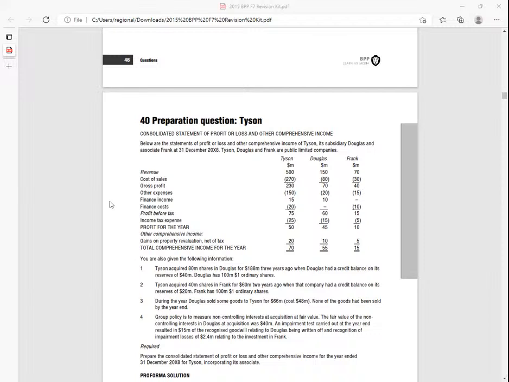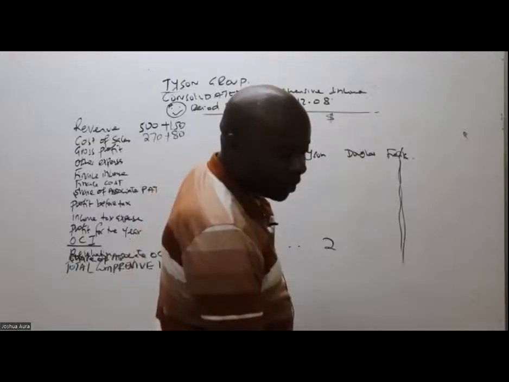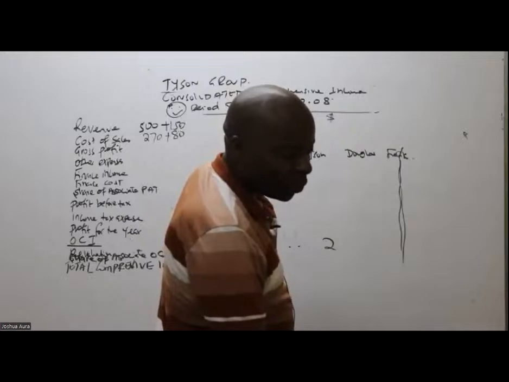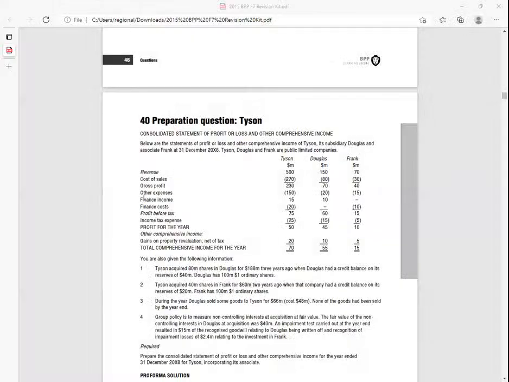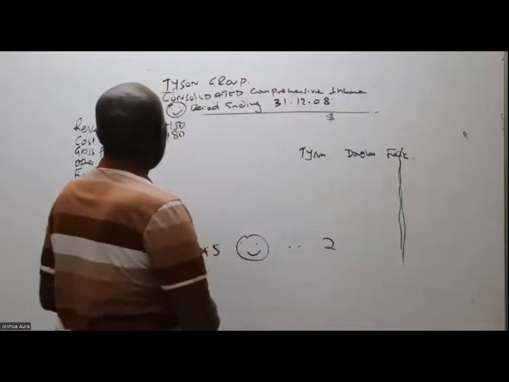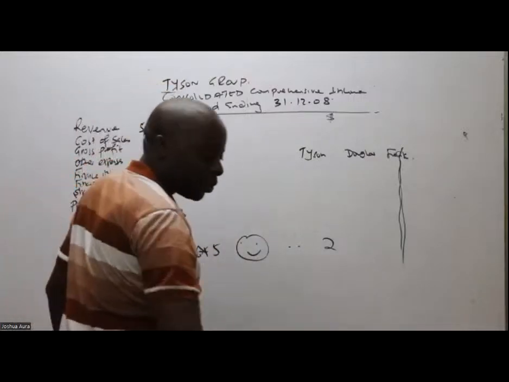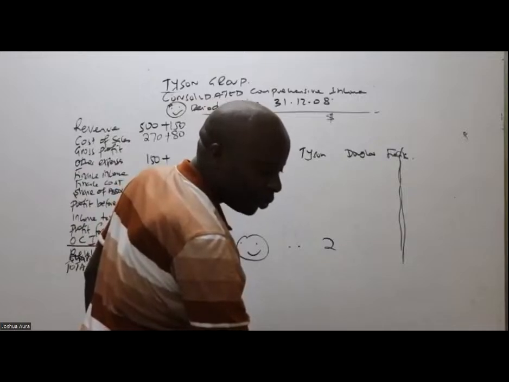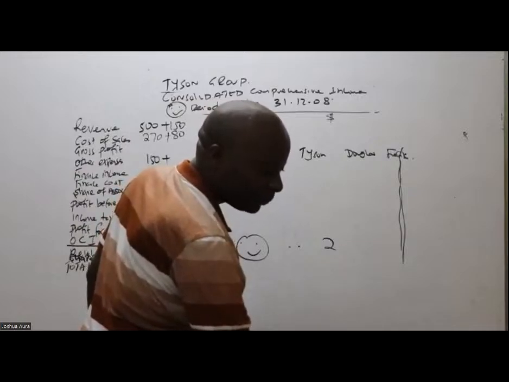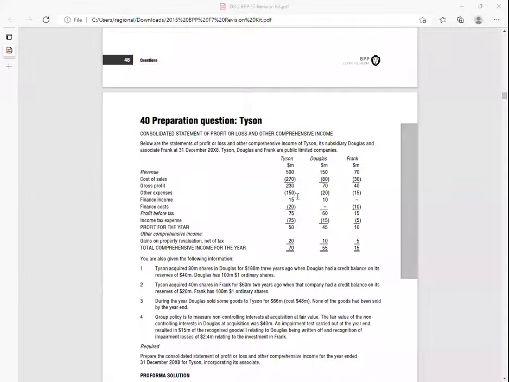Go to other expenses. So the other expenses, when you pick and put, I can see 150 plus 20, 150 plus 20.